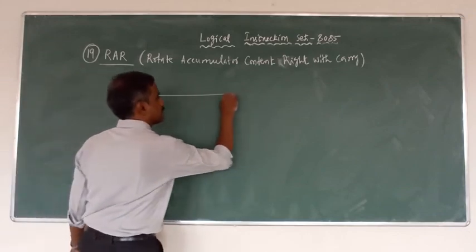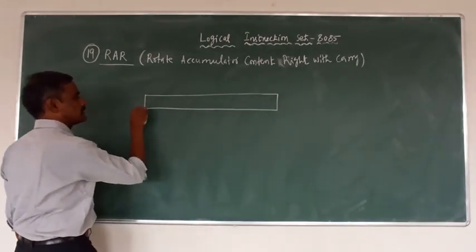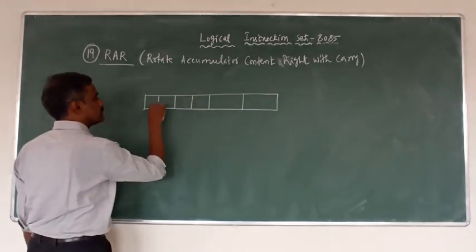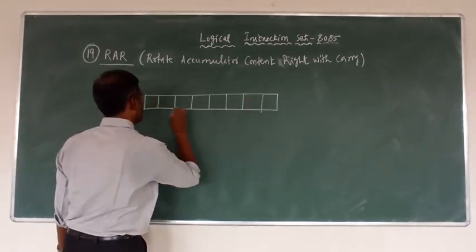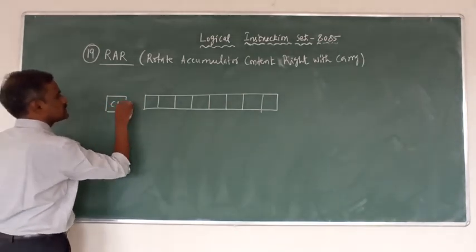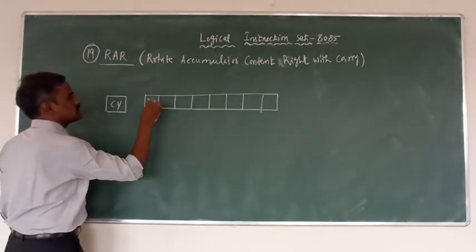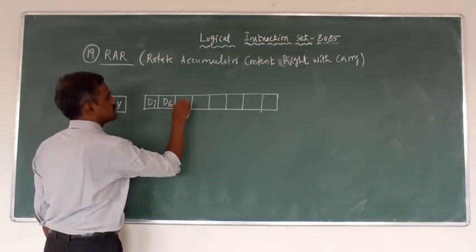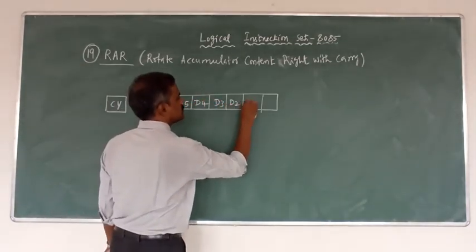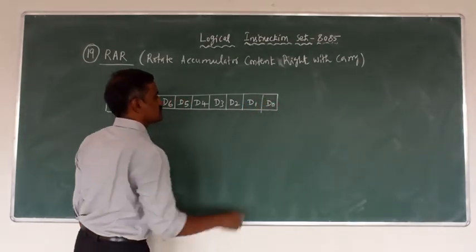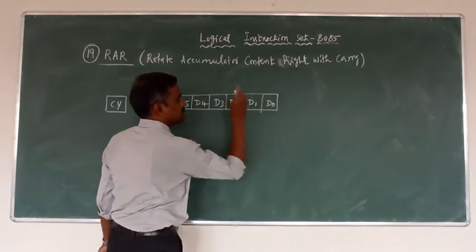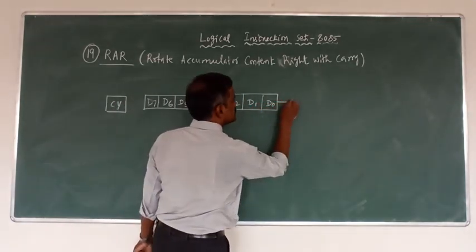Bit position: CY, D7, D6, D5, D4, D3, D2, D1, D0. Here rotate accumulator content right. Right means this side.